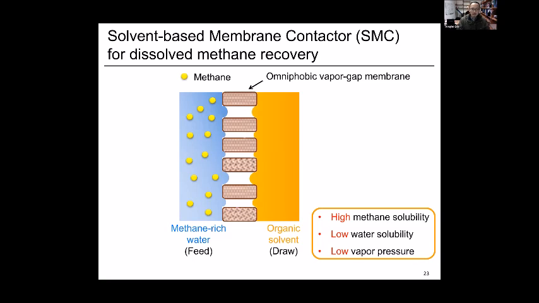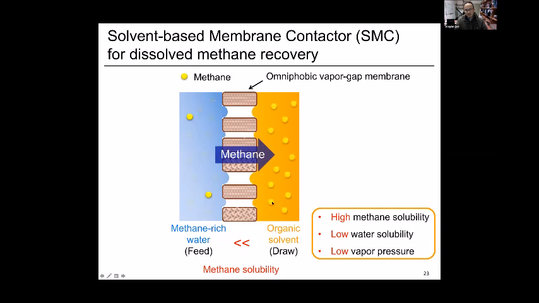Basically, an omniphobic vapor membrane is placed between the methane-rich wastewater and an organic solvent that has high methane solubility, low water solubility, as well as low vapor pressure. Because this organic solvent has a high methane solubility, the methane can be selectively extracted into the organic solvent, this draw solution.